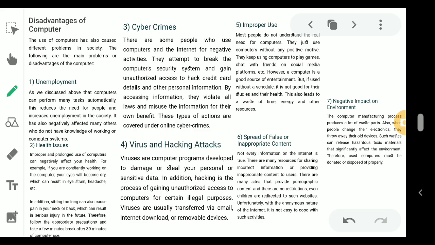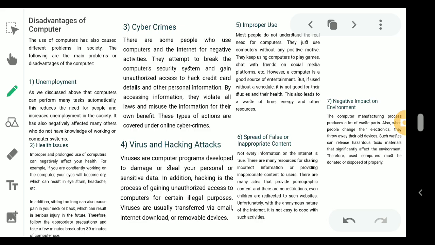Okay, so another major issue of using computers is health issues. Improper and prolonged use of the computer can negatively affect our health. For example, if you are constantly working on a computer, your eyes will become dry, which can result in eye strain and headache. Apart from that, long use can also cause pain in your neck and back.